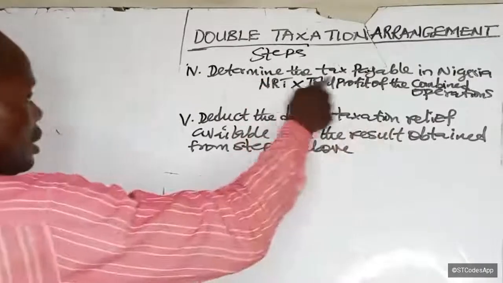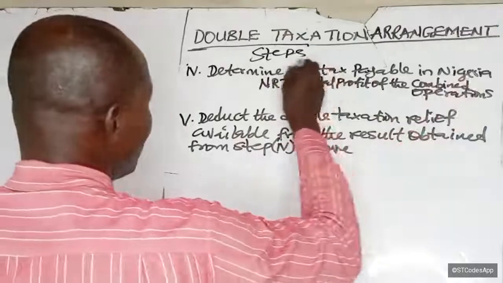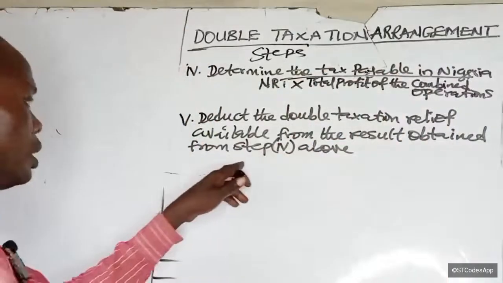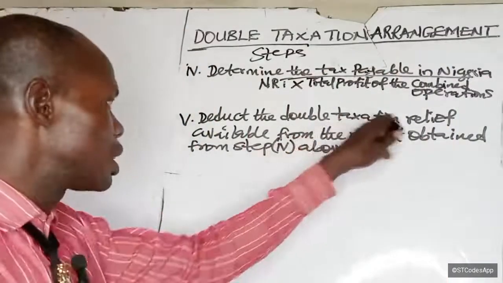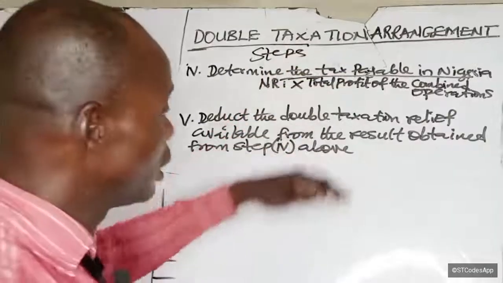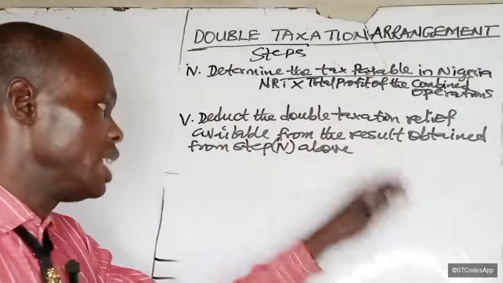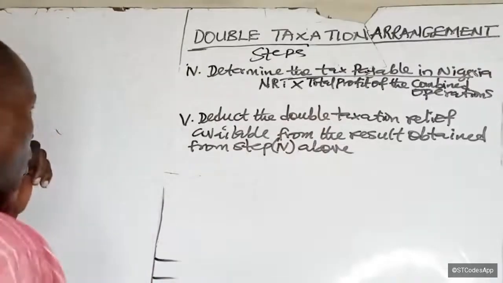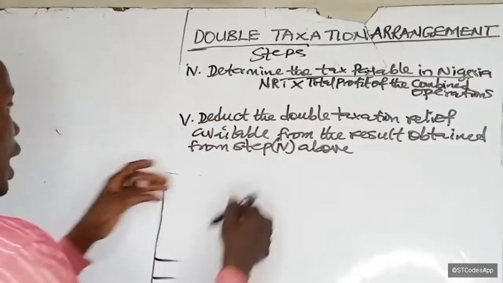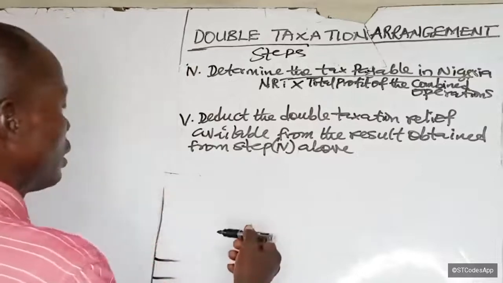That is the tax payable in Nigeria. So you now deduct the double taxation relief available from it, and that will give you the actual tax payable in Nigeria.